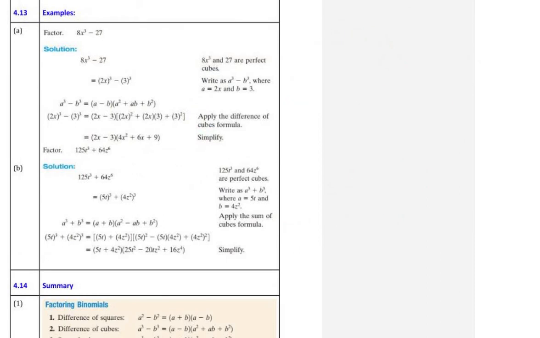Okay, so if we can just look at these final two examples. So remember now, the question will be factorize, or factor each of the following, or something like that. Now, be careful. Remember, now it's easy for us because we know we're busy with this topic.